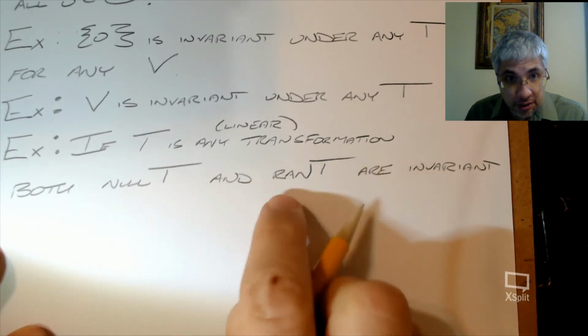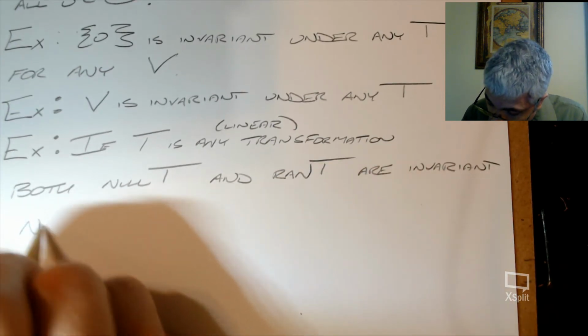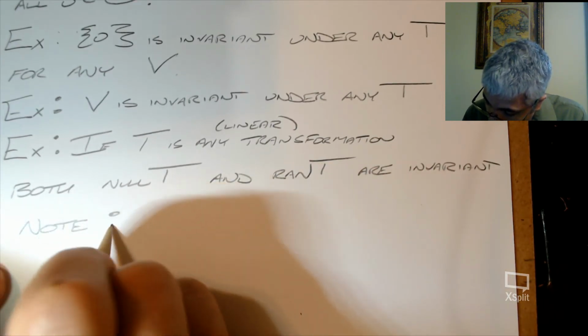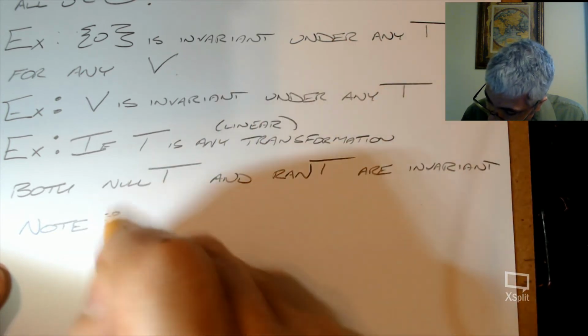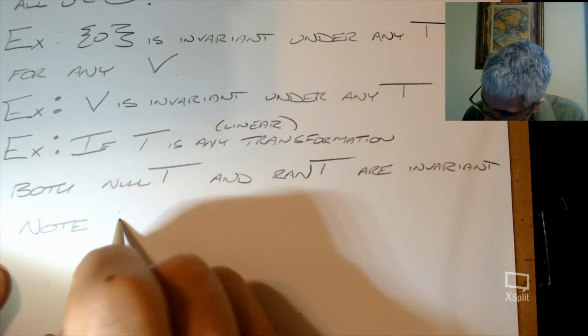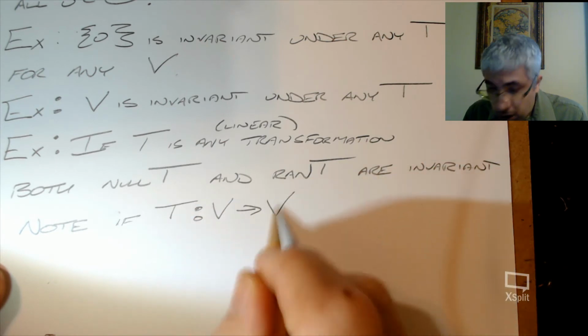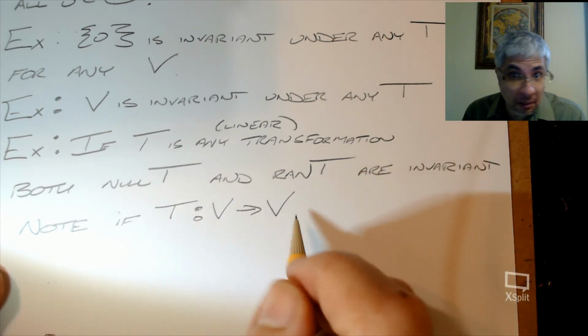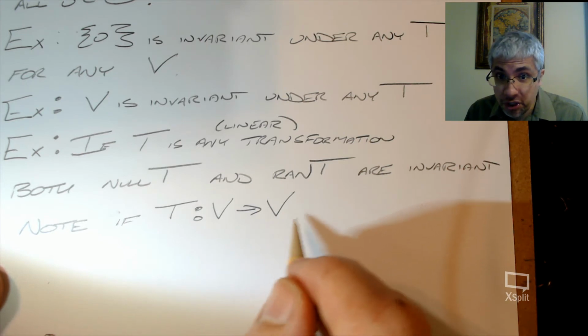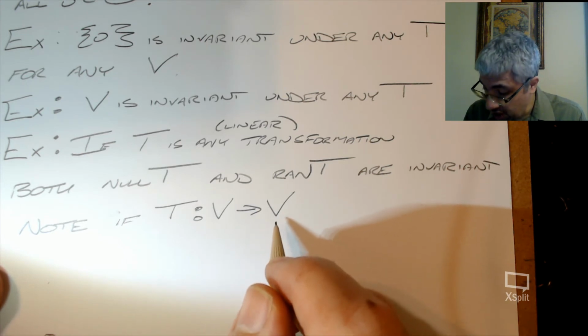Now, for the range of T, in order to see that, note that if T sends V to V, well, does it necessarily hit all of V? Sometimes it does, but what do we know for sure? Well, it hits all of the range of T, right?